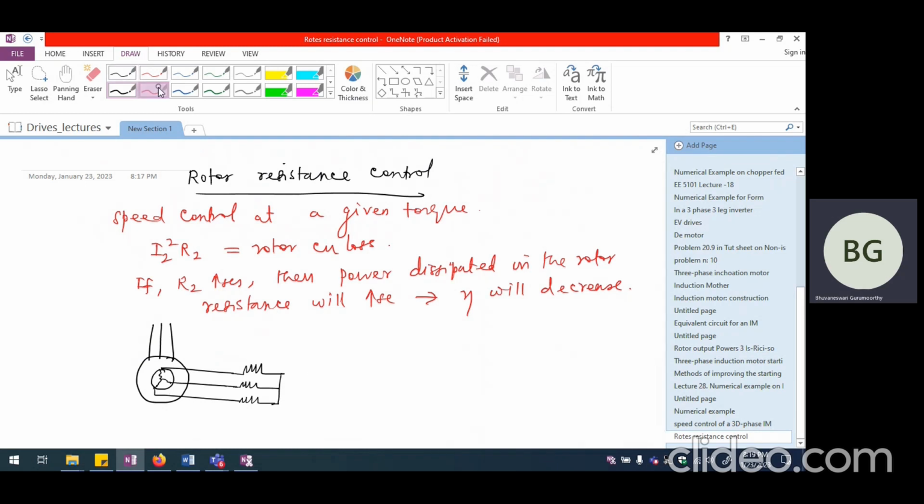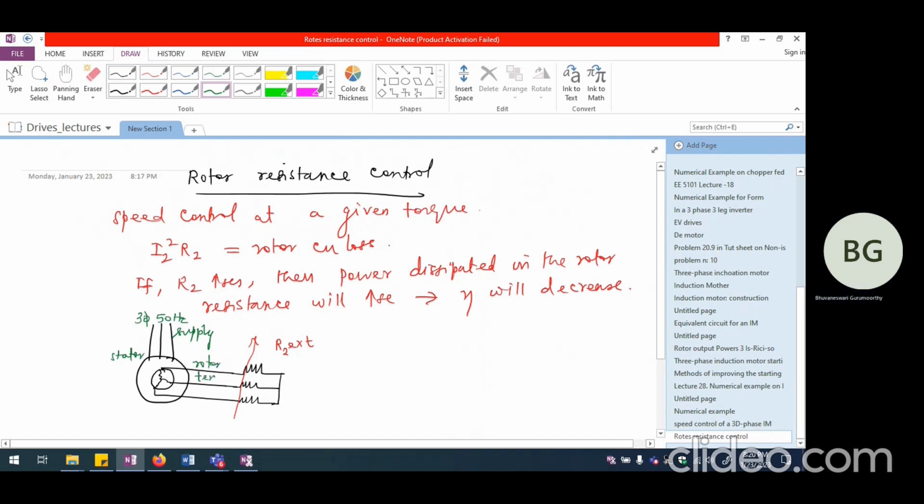This is going to be a variable resistance, R2 dash external. So additional rotor resistance is connected externally. Here we provide a three-phase 50 Hertz supply from the grid on the stator side. This is the stator supply, whereas these are the rotor terminals.